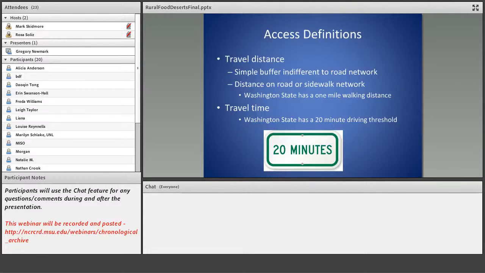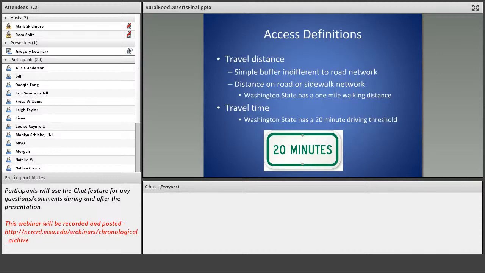And now moving from the food resource to the access definition, most commonly people use simple travel distances and typically a straight line distance that is indifferent to the road network. So they would buffer the food resource without concern for the actual road network. That also reflects early GIS.